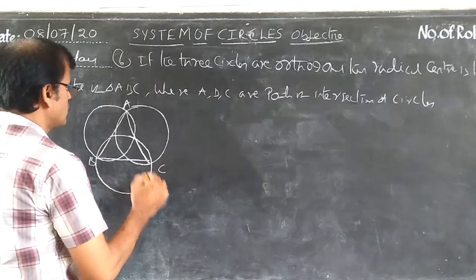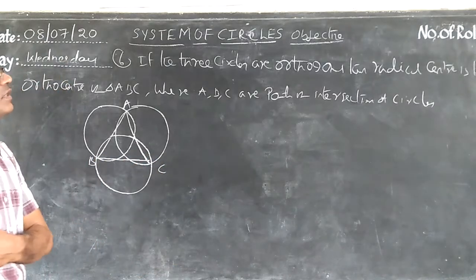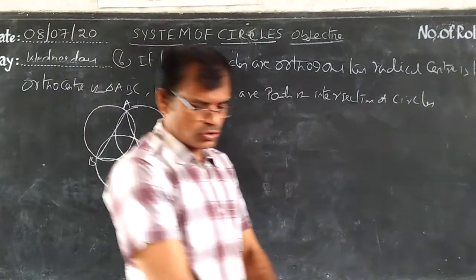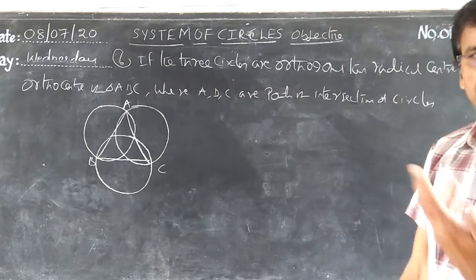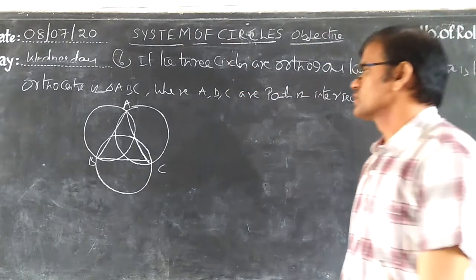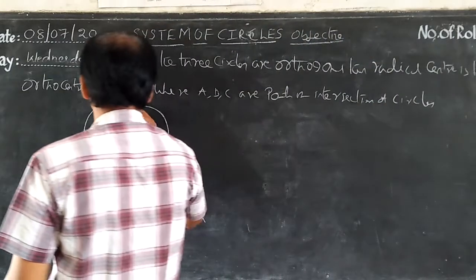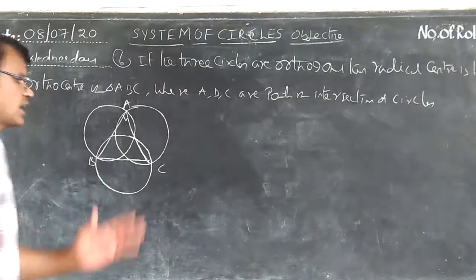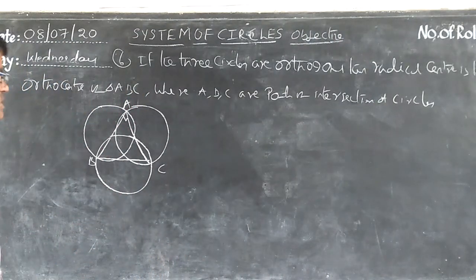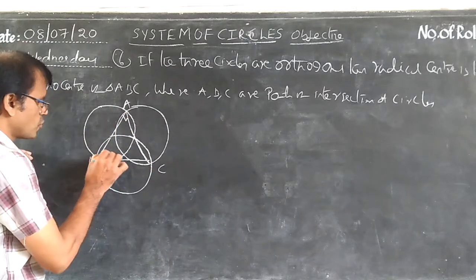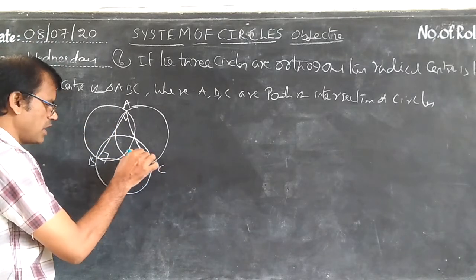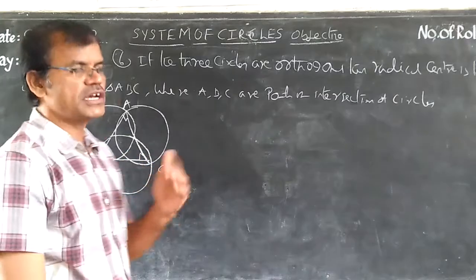Whenever the three circles are given as orthogonal, the line should be a diameter. So for the perpendicular condition we use the concept that the angle in a semicircle is 90 degrees. So here it is 90, here it is 90, here it is 90. So the diameter should make the 90 degrees concept.